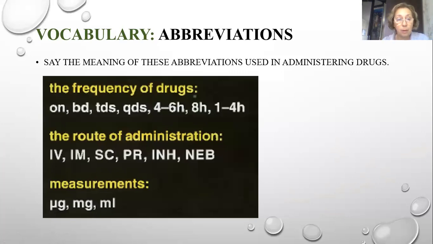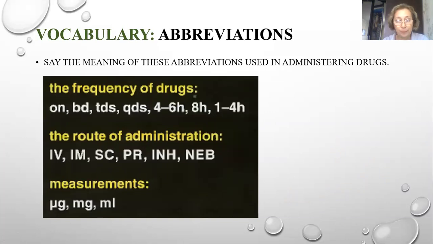Nishat, please, will you read about the frequency of drugs? Okay, ma'am. The frequency of drugs: OD is every night, BD is twice a day, TDS is thrice a day, three times.